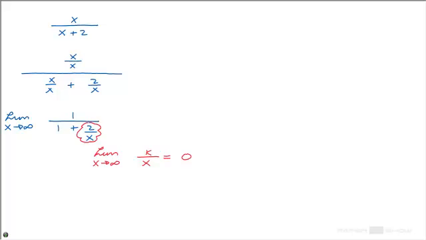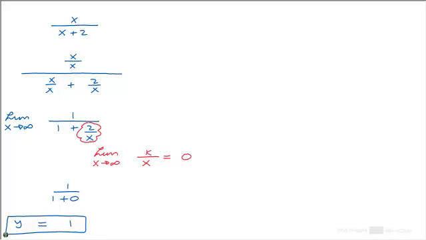So what that means is that the limit of this is going to be 1 over 1 plus 0, which is just 1. So y equals 1 is the asymptote. So our two asymptotes: the vertical one, x is equal to minus 2, and the horizontal one, y is equal to 1.